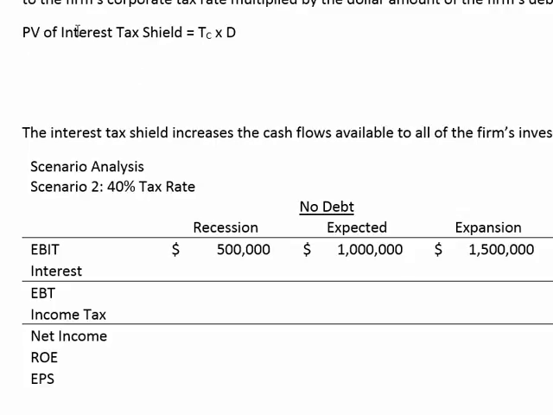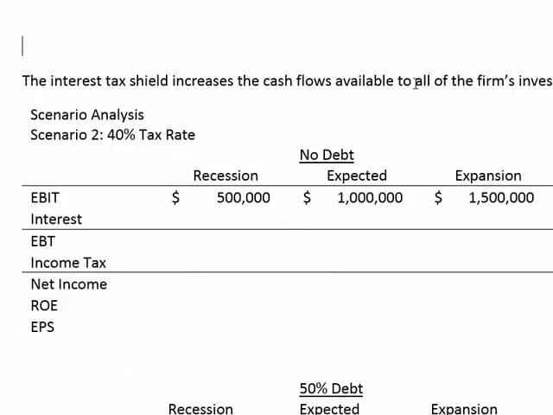So the present value of all the future annual benefits from that tax shield is equal to the corporate tax rate multiplied by the dollars of debt the firm has. The interest tax shield increases cash flows available to all the firm's investors.